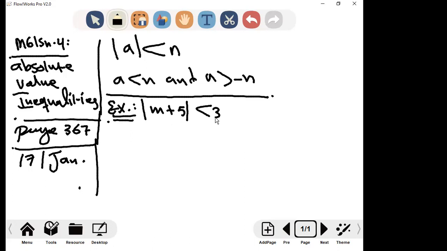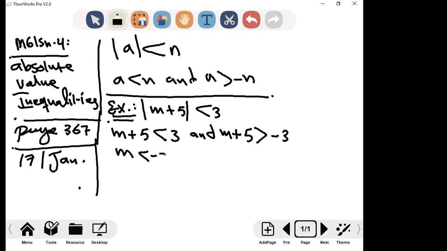Apply: n plus 5 less than 3 and n plus 5 more than negative 3. Now we solve this and this: n less than 3 minus 5, which is negative 2, and n more than negative 3 minus 5, which is negative 8.